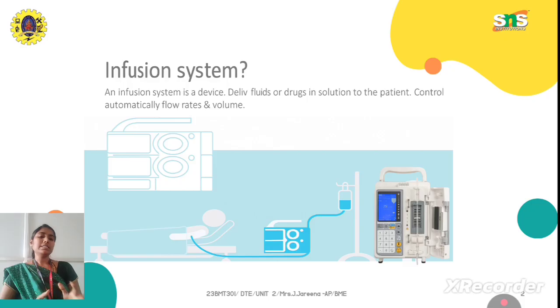There are certain conditions where patients require drugs or medication for a prolonged period in a very precisely controlled manner. In such cases we have to go with this sort of device, that is, an infusion pump or syringe pump. This device is designed in such a way that drugs or fluids are delivered slowly and accurately to the patient for a certain duration of time.